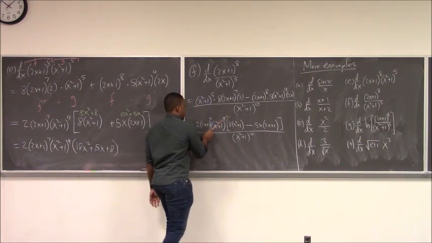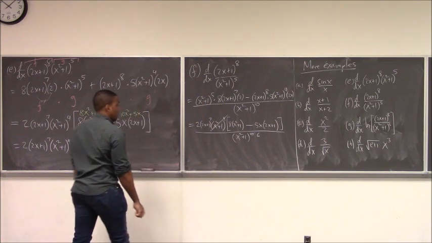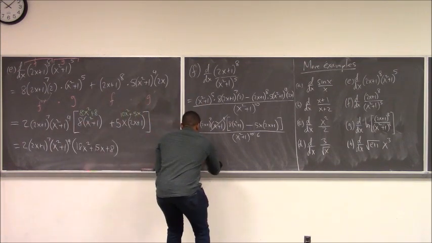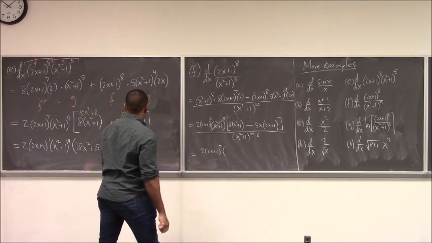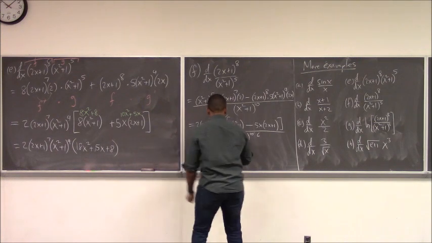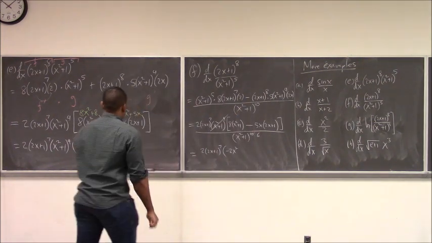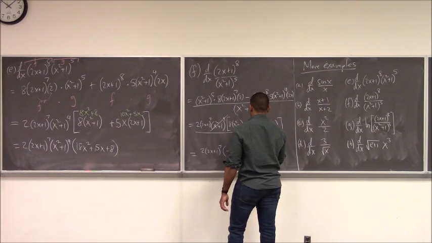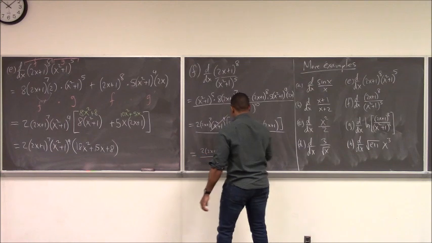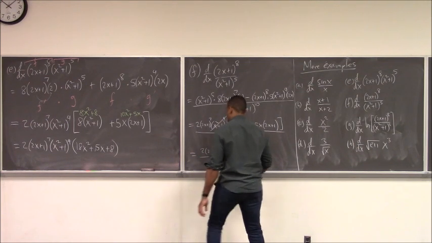We'd be able to turn that into a 6. So we have 2 times 2x plus 1 to the 7th times, this would be 8x squared minus 10x squared minus 2x squared, and that would be minus 5x plus 8, all over x squared plus 1 to the 6th.